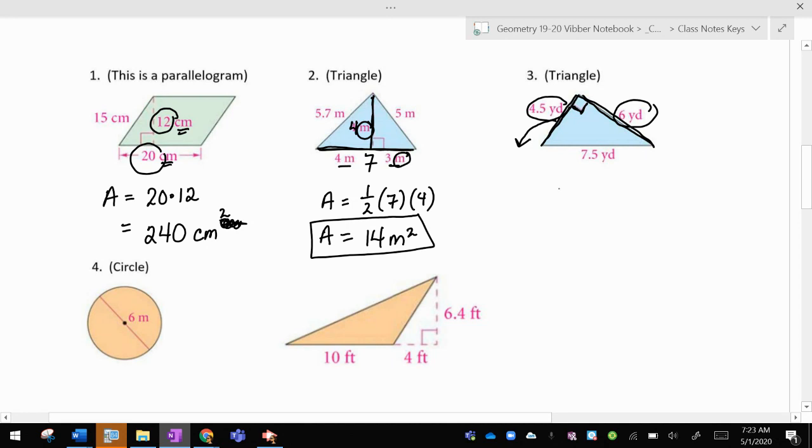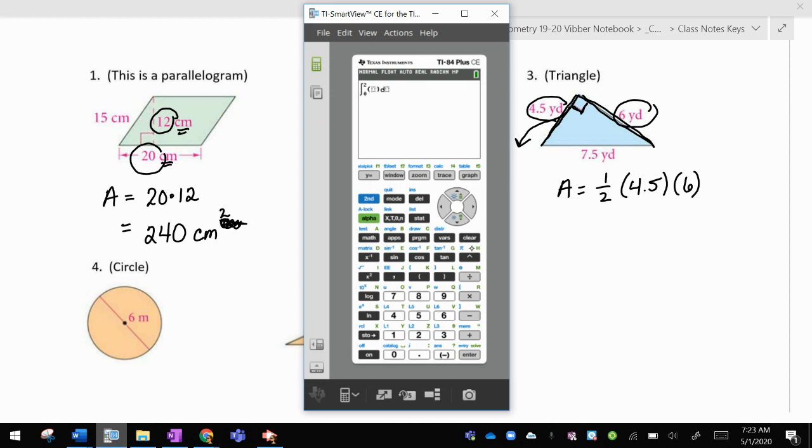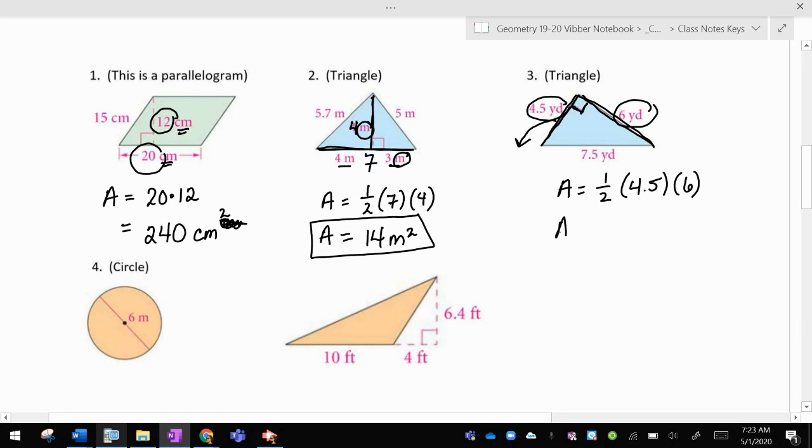So what we're going to do with this triangle is say that its area is 1/2 times 4.5 times 6. So if I pull up my calculator and I do 1/2 times 4.5 times 6, I get 13.5. So this area is going to be 13.5 square yards.